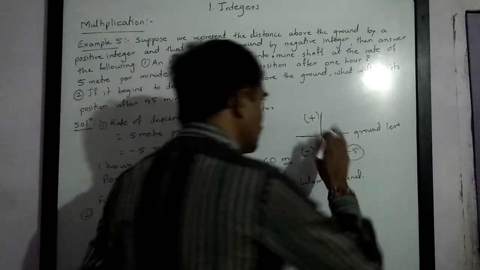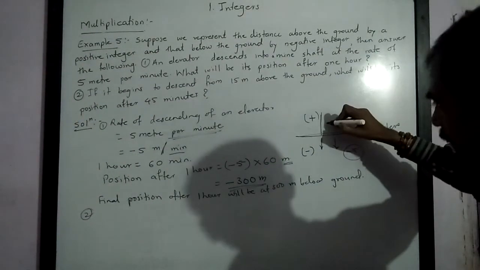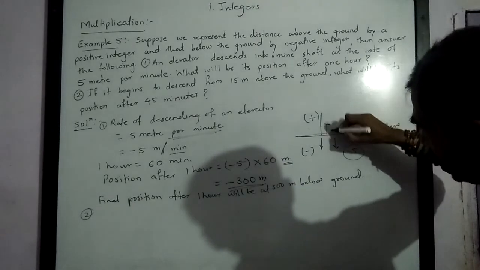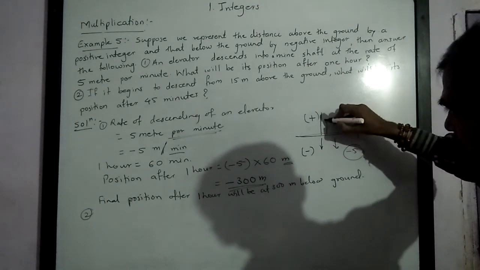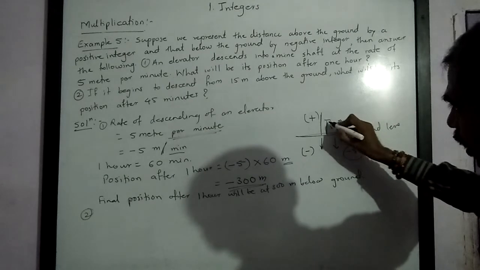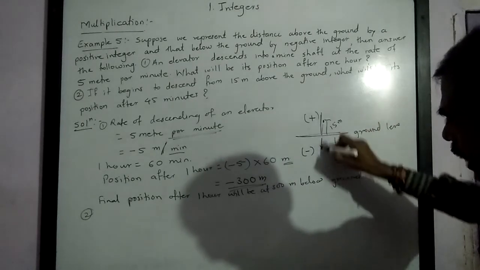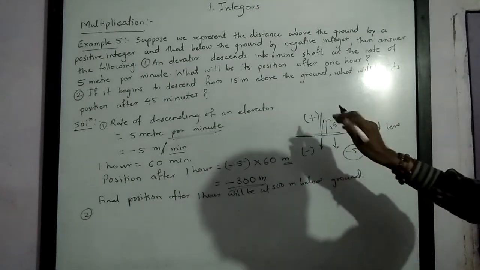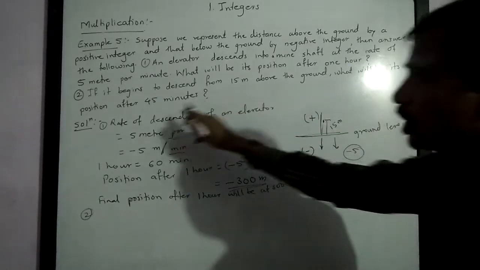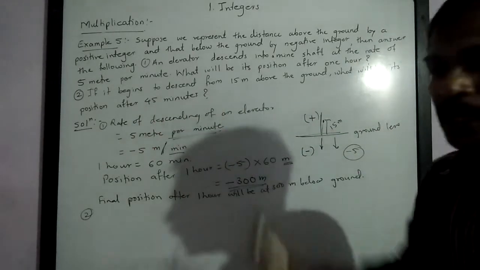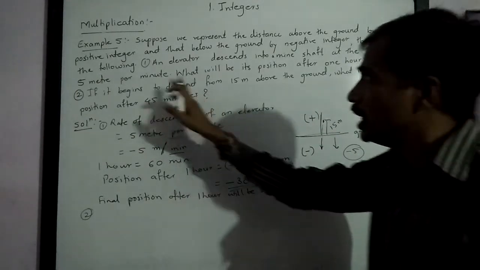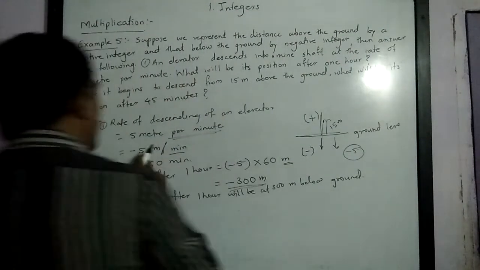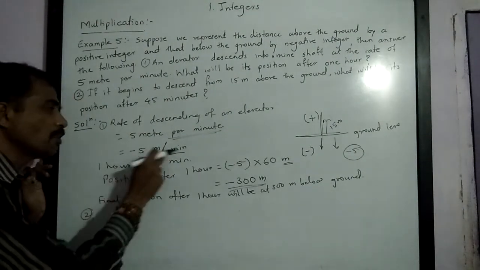So understand, this is the ground level, and if it starts going down from 15 meter, if this distance is 15 meter above the ground, from this position it tries to go downside. What will be its final position after 45 minutes? We know the rate of descending is -5 meters per minute.